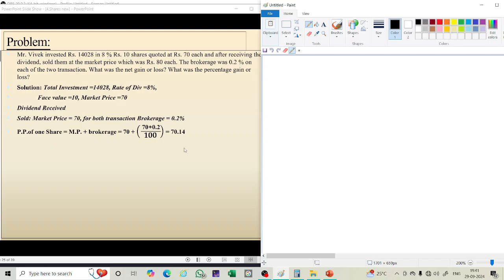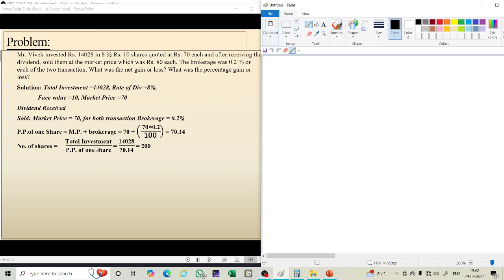Now after purchase price of one share, we have to find number of shares, and for number of shares we use the formula total investment upon purchase price of one share. So number of shares is 14,028 divided by 70.14. From this we get number of shares, which is equal to 200.